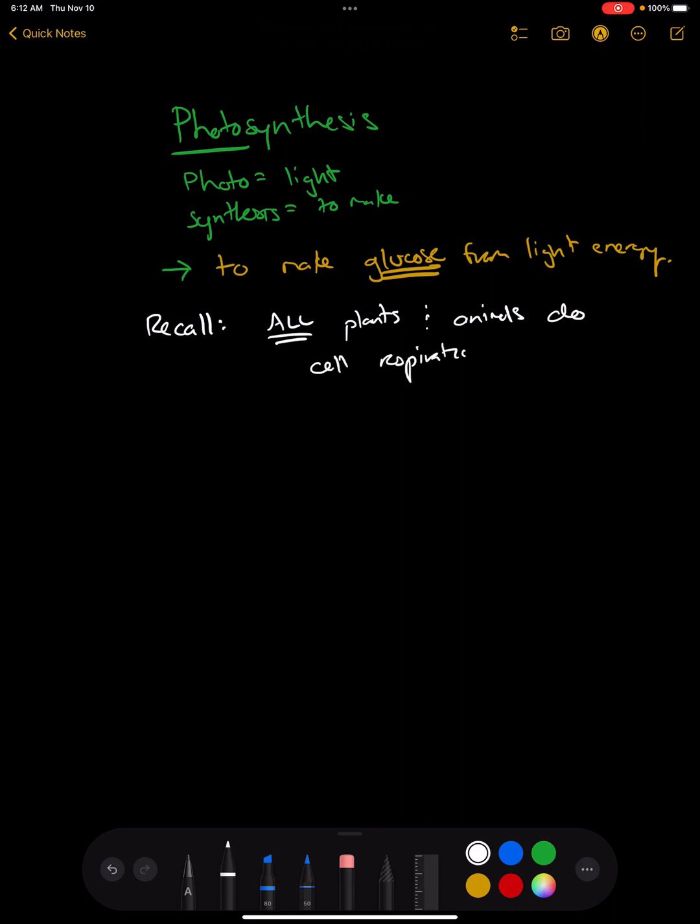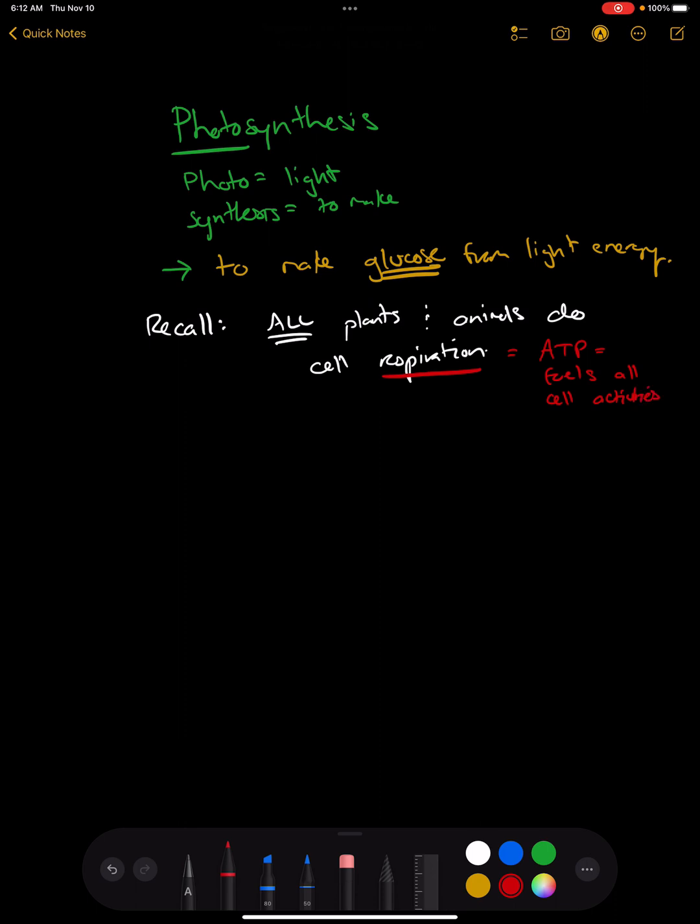All of us have to do cell respiration. Why? Because remember, respiration is making ATP, and ATP fuels all cell activities.